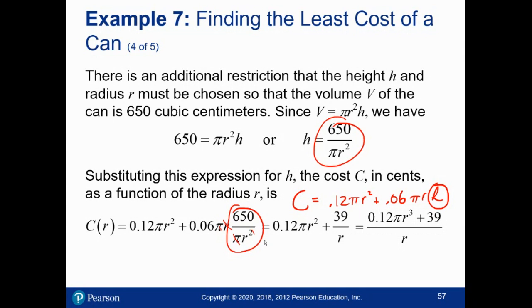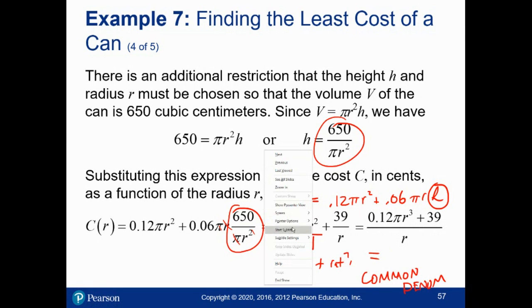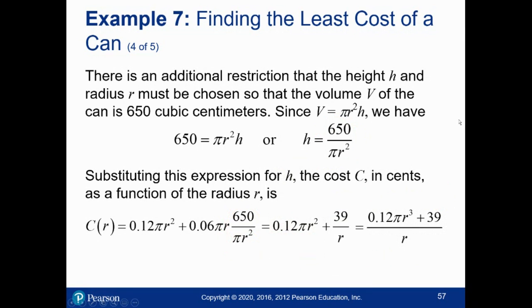This is a rational function. What you should always get in the habit of doing with rational functions, notice it looks like, oh, I have a quadratic plus rational function. No, if you give it a common denominator, which you should really be in the habit of doing when dealing with these things, the common denominator is just r.